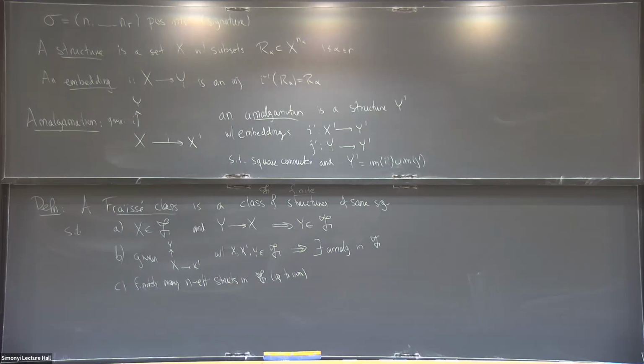All right, so now let me tell you what a measure on a Fraïssé class is. I'm going to put the definition here so I can leave it up for a while.